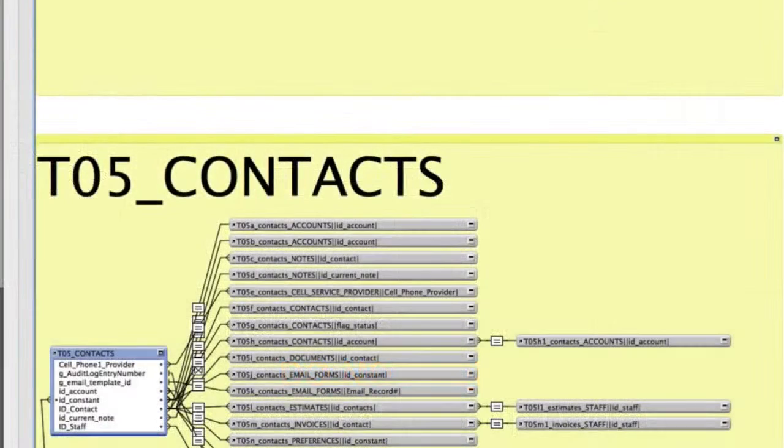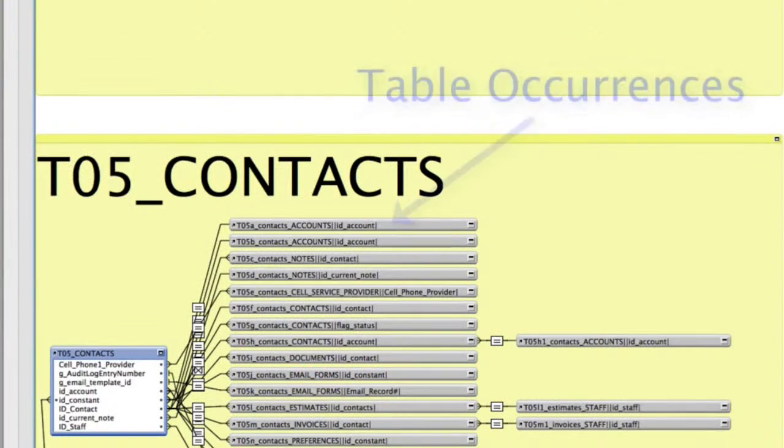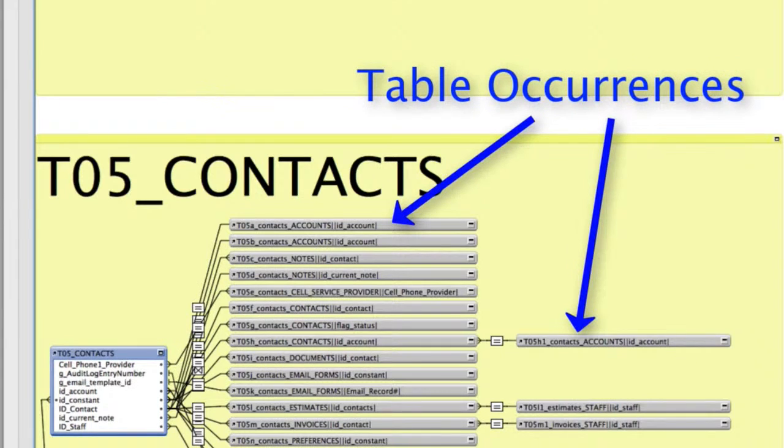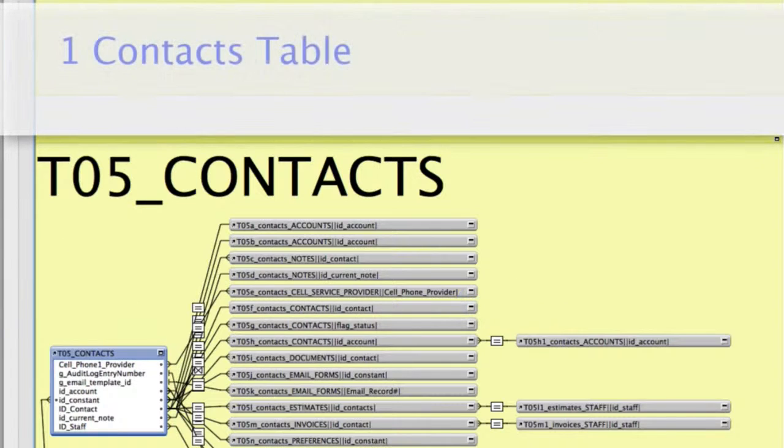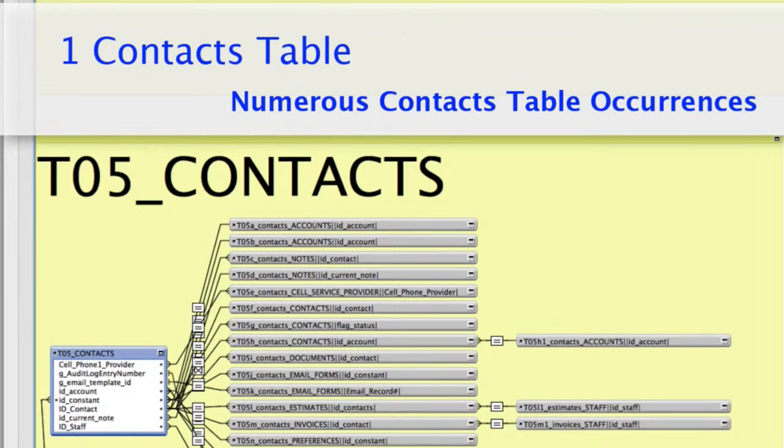First off, in the relational diagram in FileMaker, those are table occurrences, where a single table might have several occurrences of itself on the screen at one time. For example, contacts TOs could be on the screen 4, 5, 10, 20 times. There's no rule against that. Now, there's only one contacts table in FileMaker, but a table occurrence could be on that diagram multiple times.